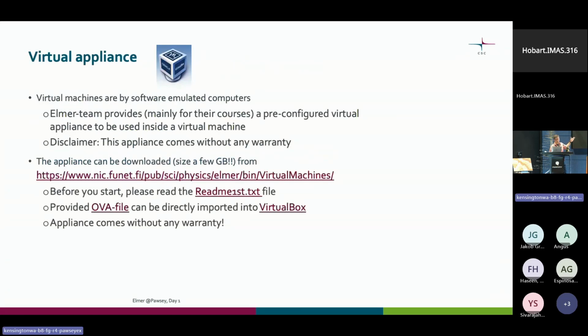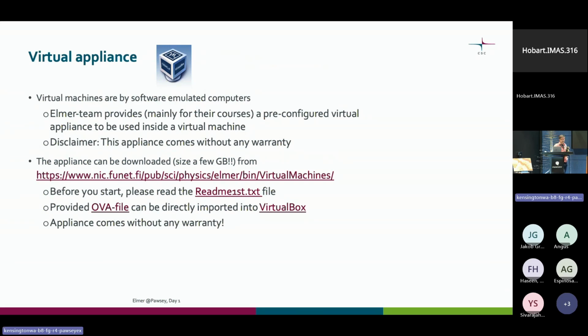Virtual appliance, I don't know if this is still relevant. I think virtual machines are kind of dying out, but they are quite nice for courses actually. At least the machine part of VirtualBox is still open source. I think it should also work on QEMU or so. You're free to do what you want.